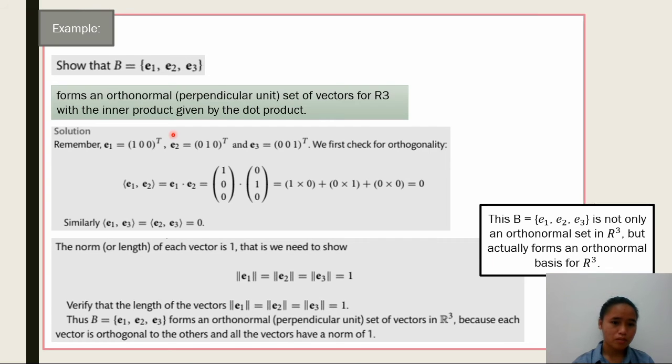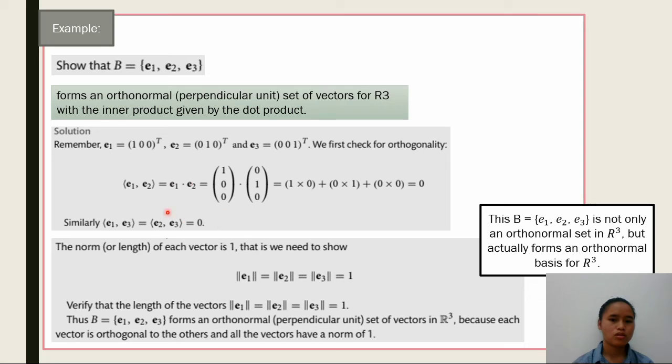Okay, example, B is A1, A2, and A3. From this we have to know A1, A2, and A3 with transpose. A1 times A2 transpose, we get 0.